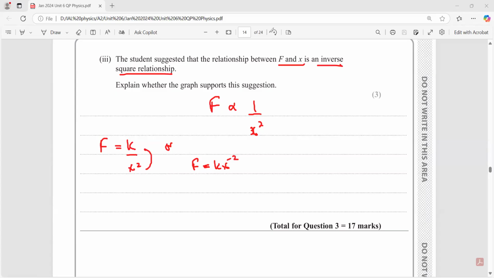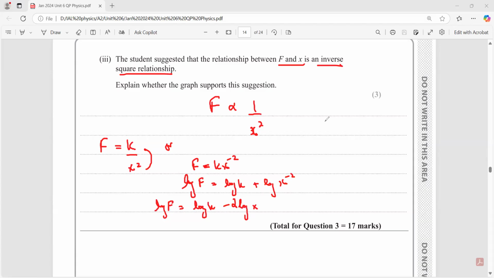Now if I take log both sides, log f is equal to log k plus log x raised to the power minus 2. Log f is equal to log k, constant, and the power becomes the coefficient. So minus 2 log x.